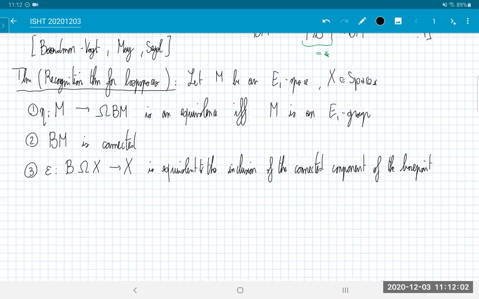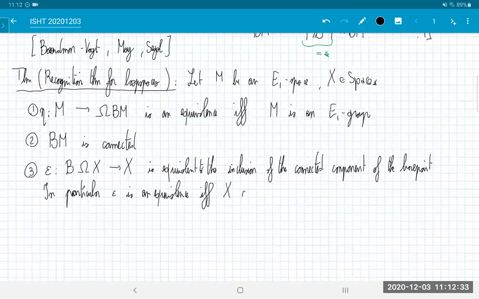And we know that we cannot hope for more because omega x cannot know more than the connected component of the base point. Because you're moving through paths, so you really cannot see more than that. But this is telling you that you can see everything. So in particular, epsilon is an equivalence if and only if x is connected.